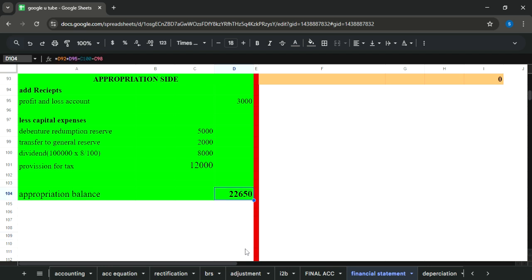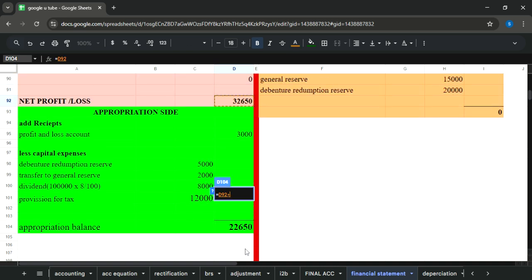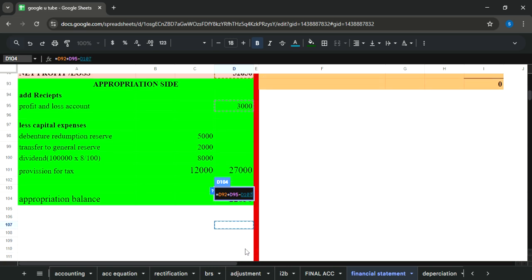We will now calculate appropriation balance. For that, first we will take sum of all expenses present over here. Let's take net profit. Then you will add profit loss account of previous year, subtract sum of all expenses.